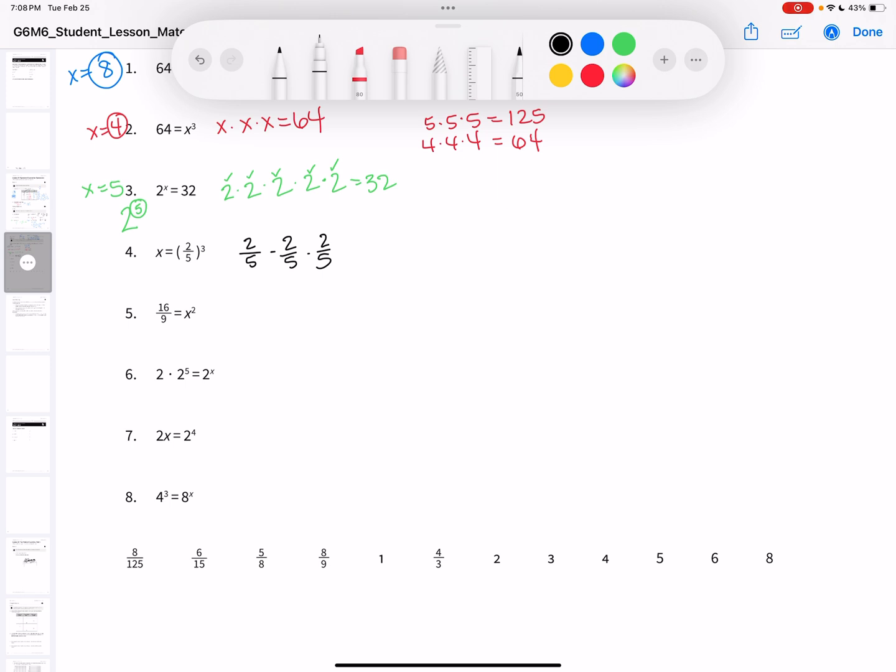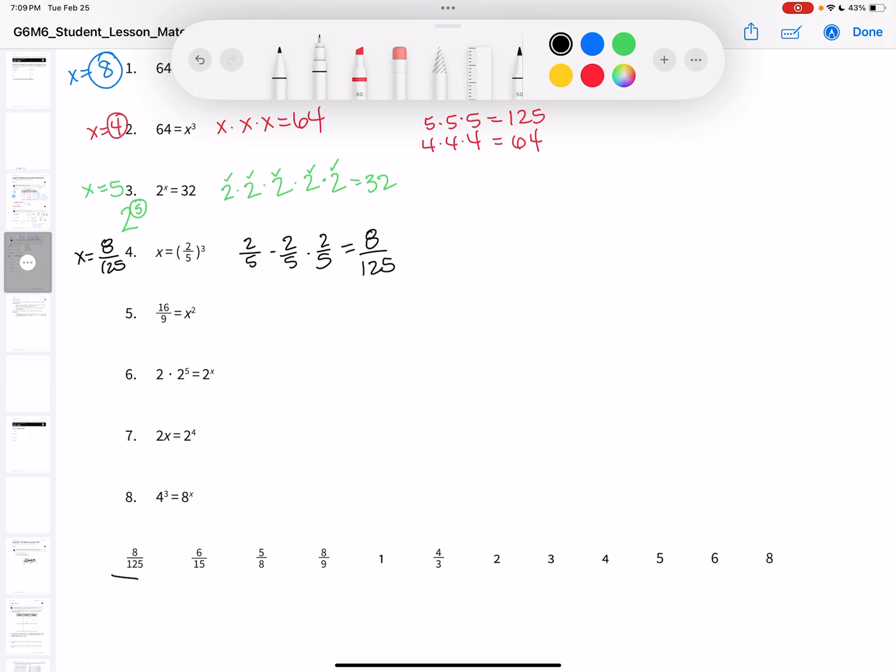So 2 times 2 is 4. 4 times 2 is 8. 5 times 5 is 25. 25 times 5 is 125. So we have 8 over 125 as our answer. Okay? So x here equals 8 125ths. Let's go, and you can see that answer here, right?